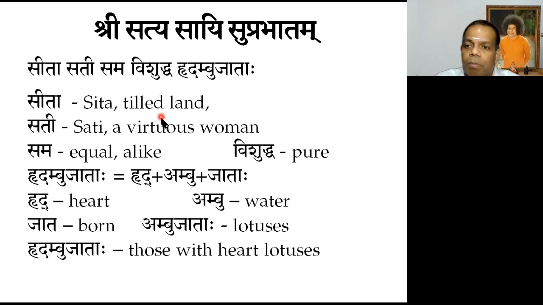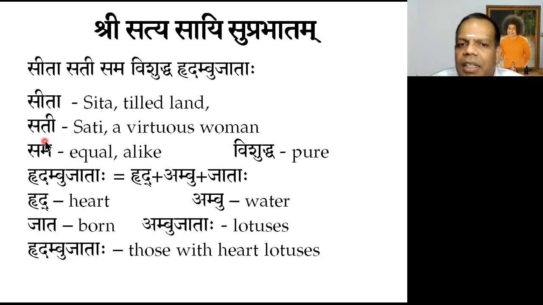Because she was found in the burrow of the tilled land, she was born from the earth. So Sita also would mean a child which is born from tilled, plowed land, cultivated land. You remove all the shrubs, and from there she was born. So it was ready to be cultivated. In that kind of land, Sita is born.